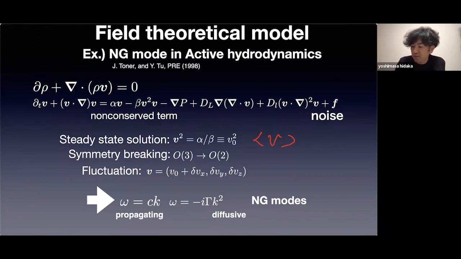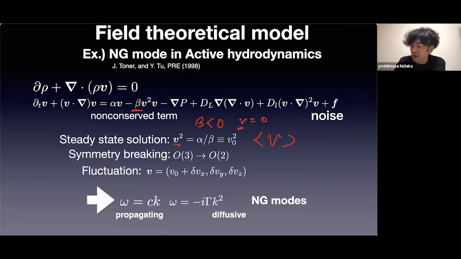So if beta is negative, then V equals 0 is a stable solution. If beta is positive, then velocity equal to 0 is unstable, and the stationary point gives you some non-vanishing velocity.